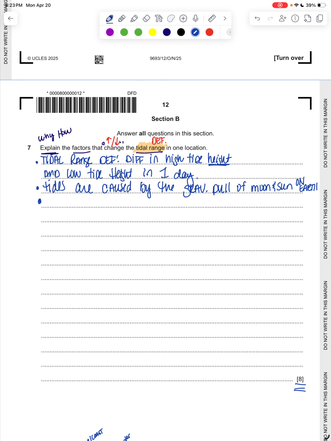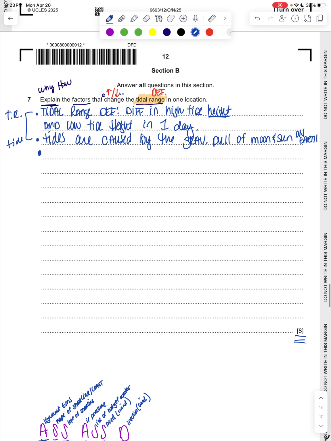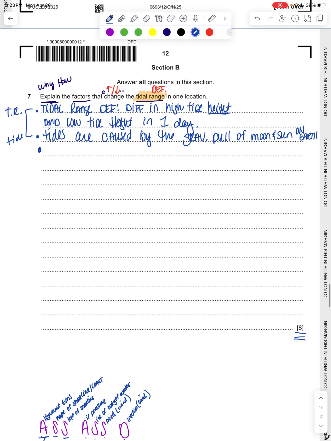Okay, and my first one then, so here I got definitions, just normal tide, and then we got tidal range right here. I'm on Earth, Moon, and Sun. And I'm just going to talk about the factors. So when the EMS, Earth, Moon, and Sun, are in alignment, 180 degrees of each other.